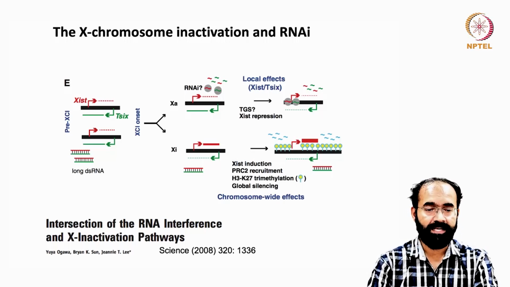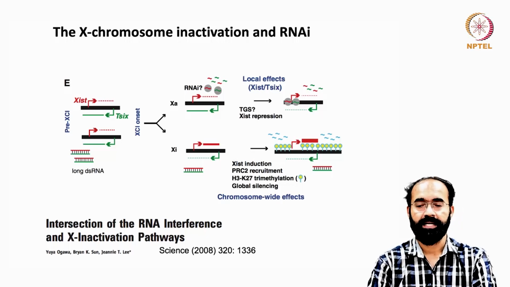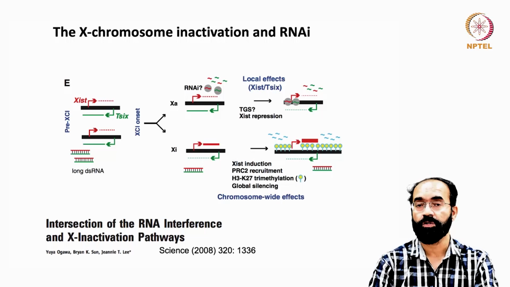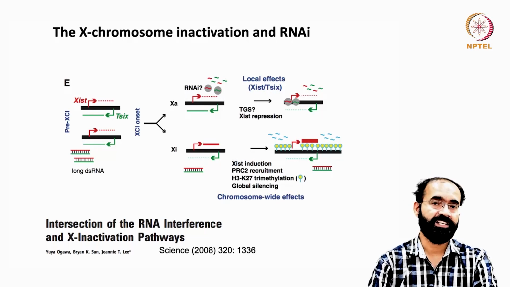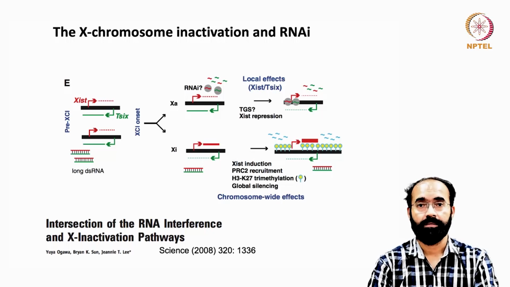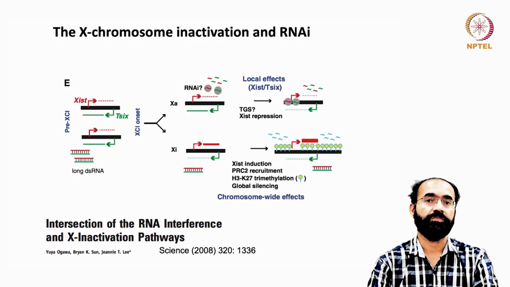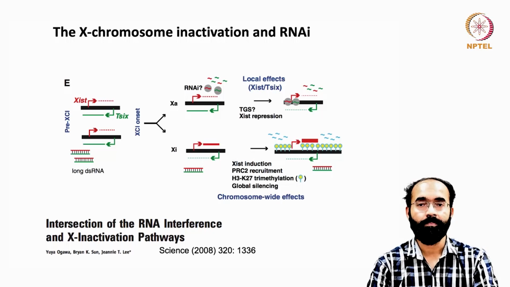We will study in more detail how RNA interference comes into action in the inactivation process, and we will also see some pictures and images that explain the actual strength or depth of inactivation with some RNA in situ images in the next class.